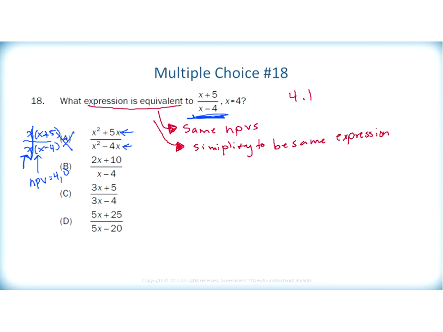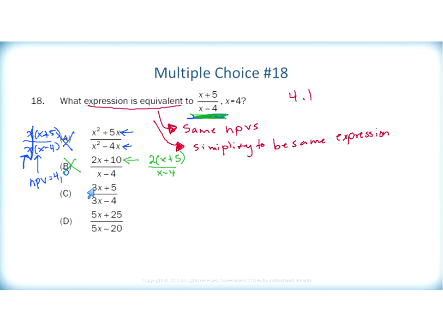In B, we can factor here. There's a common factor of 2x plus 5 over x subtract 4. It doesn't simplify to give us the same expression. So B is not equivalent. In C, it's a common error that happens here.